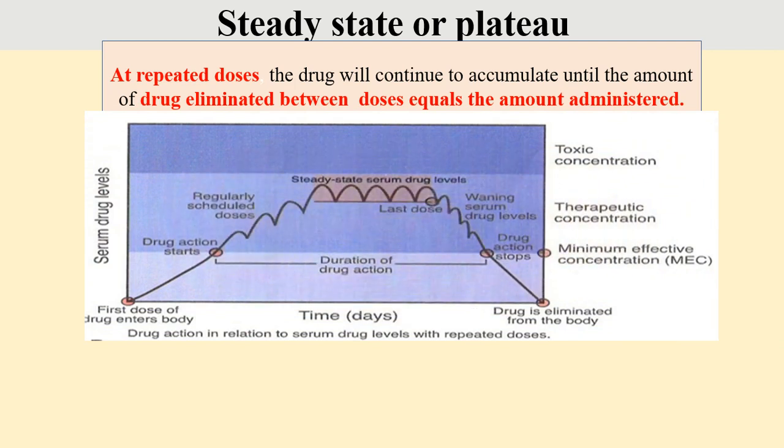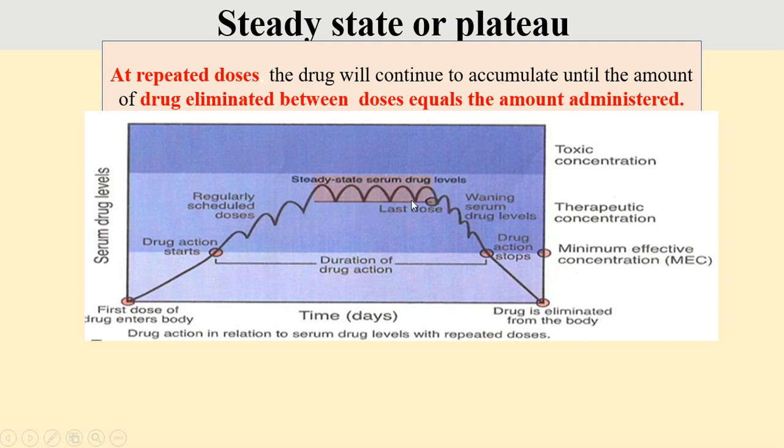Here you see in this diagram also the relation between serum drug level and time in days. If we give repeated doses, when we reach the minimum effective therapeutic level, this is the start of the effect, and then it becomes regular, and here it becomes a steady state.